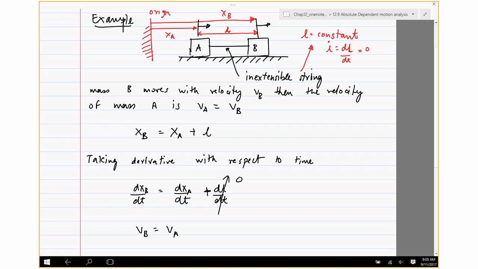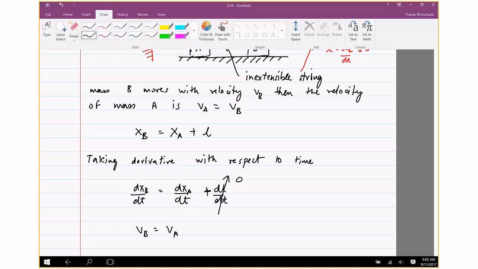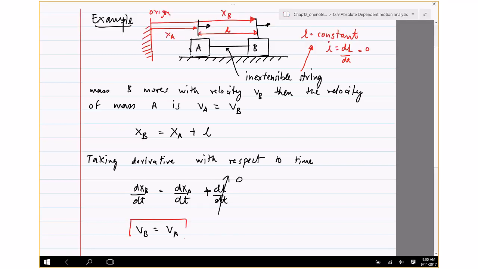So we got the same thing, but by using this recipe, which is fix the origin, write lengths of points of interest, which is in this case A and B, and then take the derivative.